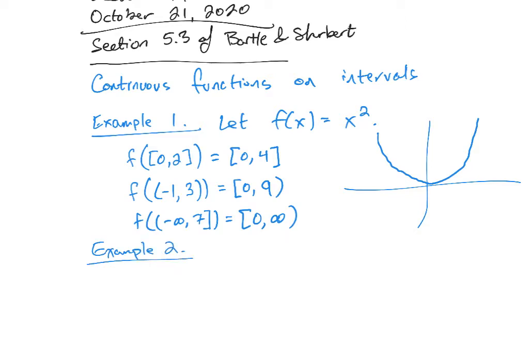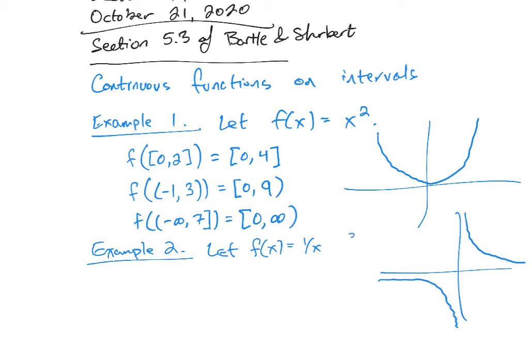Second example. Let's look at 1 over x. There we go. Not allowed to define that at 0.